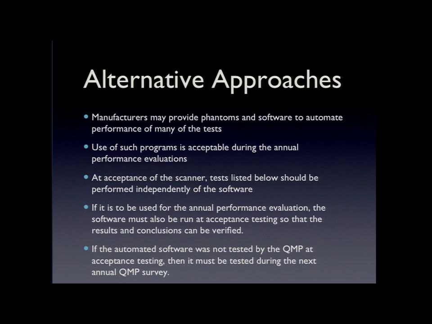But at initial acceptance, you need to verify that it meets the performance criteria established by the manufacturer. If there are automated software evaluations involved, you need to verify manually that the automated software is valid at acceptance testing. So that needs to be done as well.